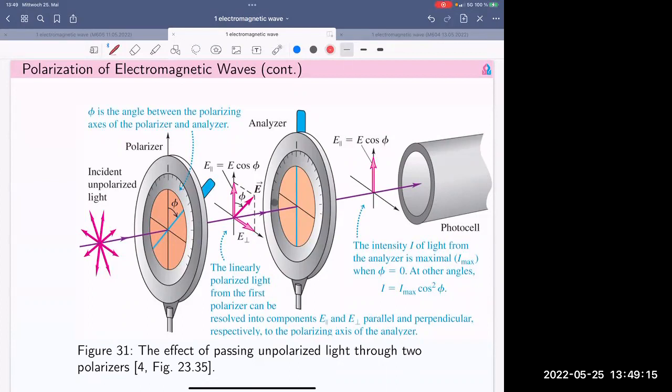And what's going on? We can have two components because this is the maximal angle deviation, which is phi, right? We can decompose this vector to the vertical line and to the horizontal line.